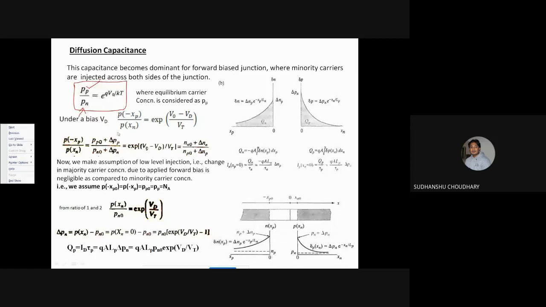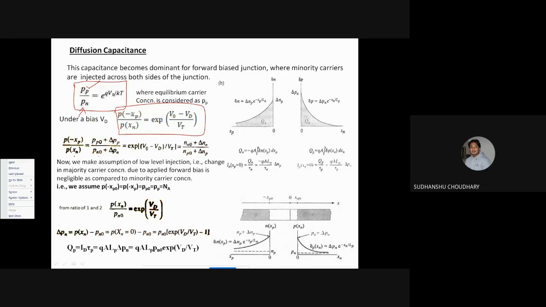Divided by P of XN, since we are talking about holes in N type, which are minority carriers present from X equal to 0 to XN. One can write this relation when a forward bias VD is applied. This relation was for equilibrium only, where V naught appears. When you apply a forward bias, this V naught, the built-in potential, decreases by this amount, that is, V naught minus VD.